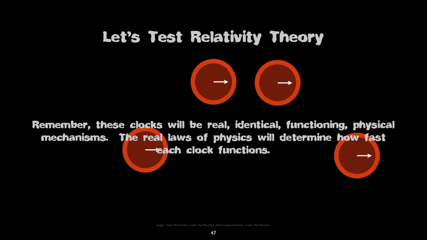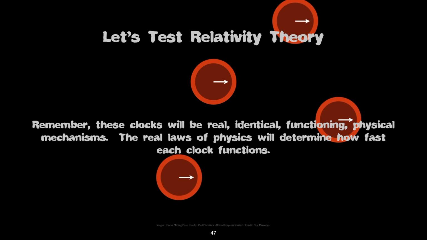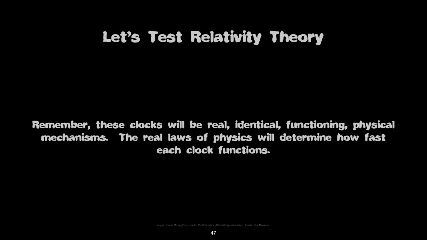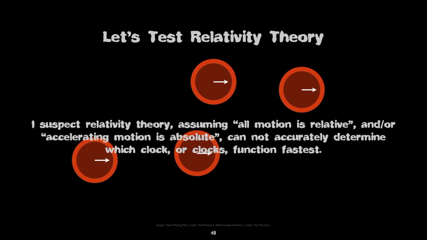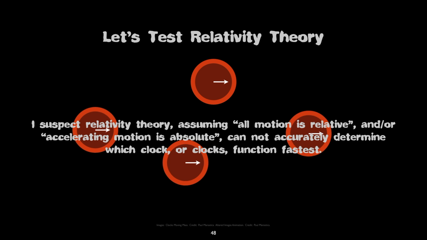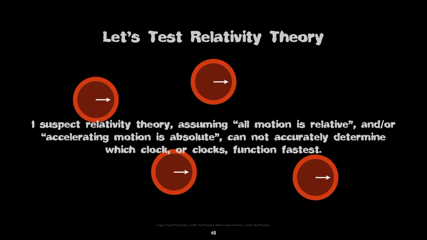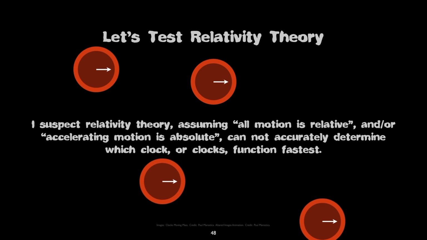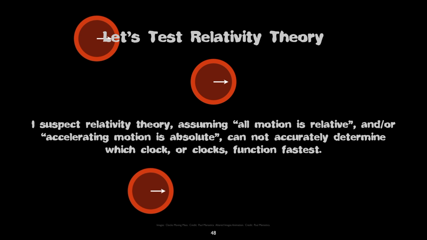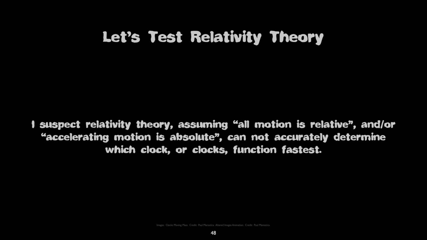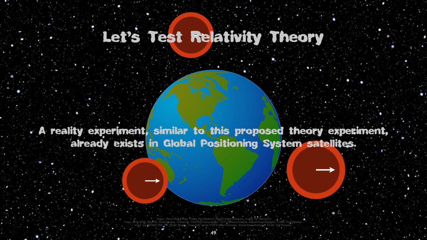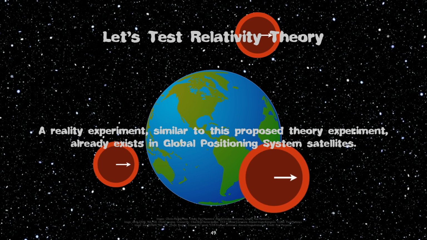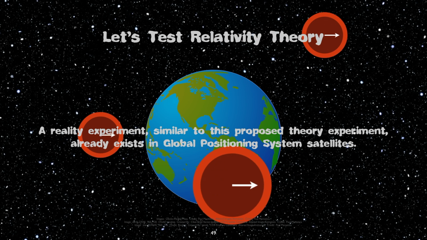The real laws of physics will determine how fast each clock functions. I suspect relativity theory, assuming all motion is relative and/or accelerating motion is absolute, cannot accurately determine which clock or clocks function fastest. A reality experiment similar to this proposed theory experiment already exists in global positioning system satellites.